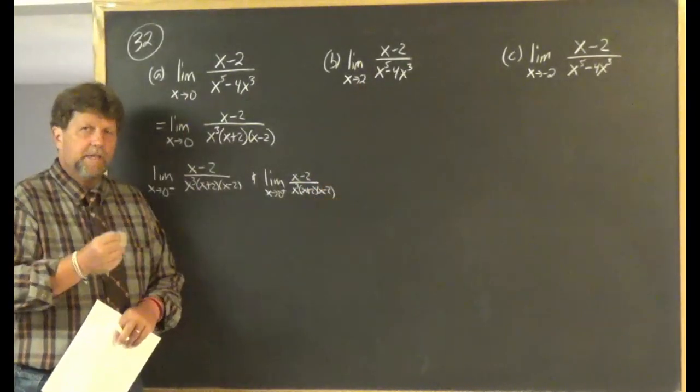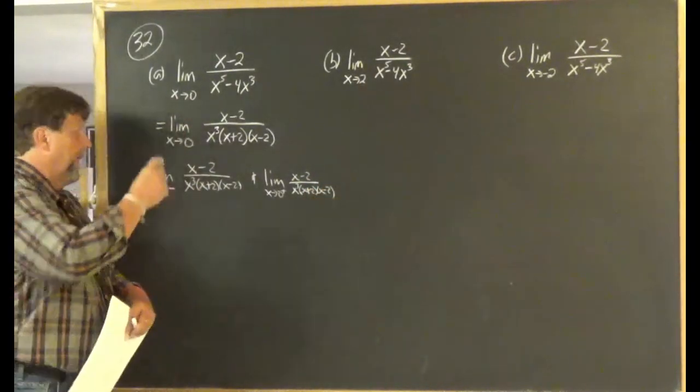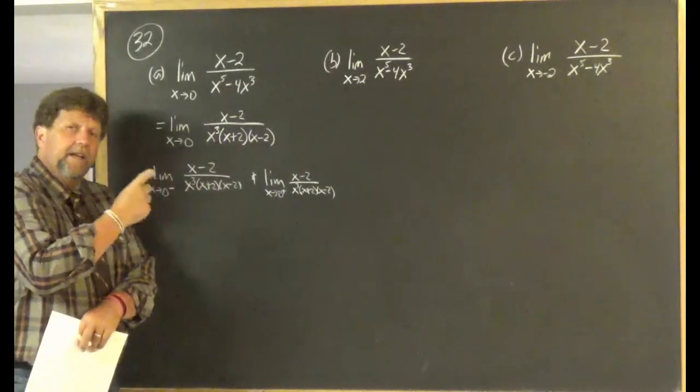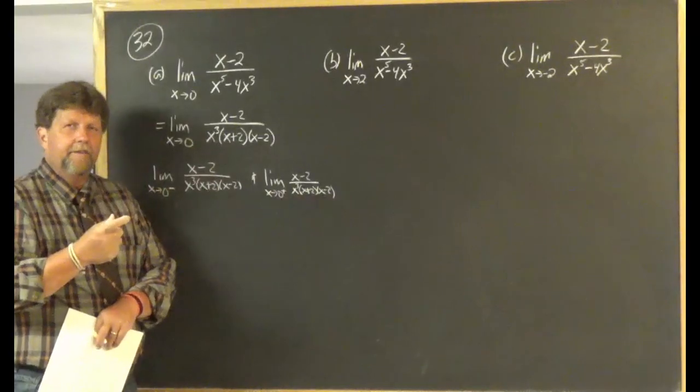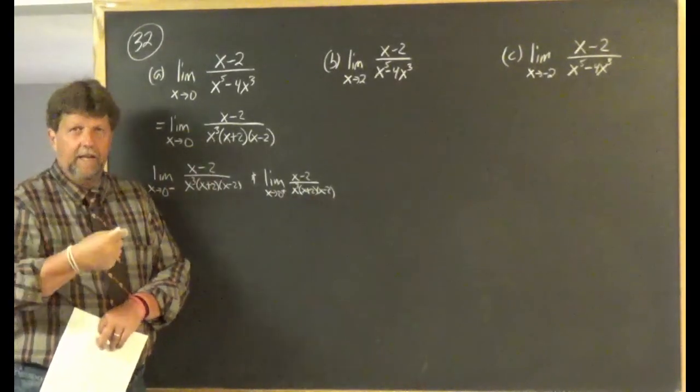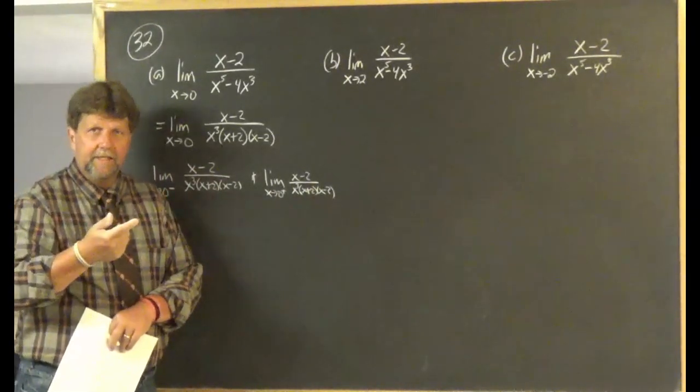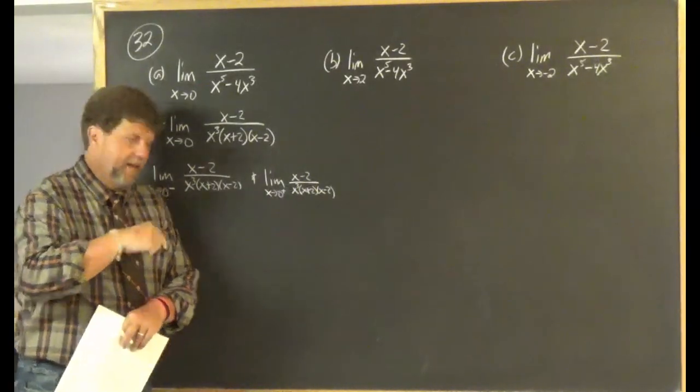And since x equals 0 is a vertical asymptote, I know this limit is either infinity or negative infinity. So let's analyze like we just did in this last example to see if it's infinity or negative infinity.